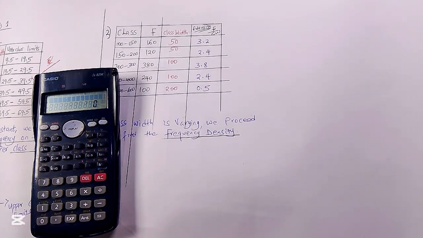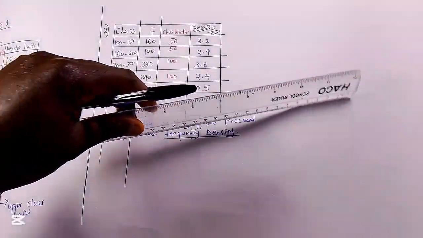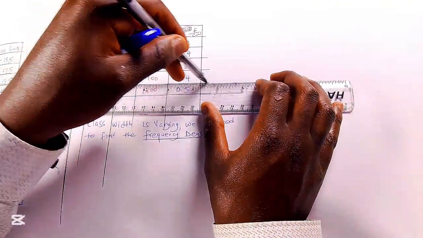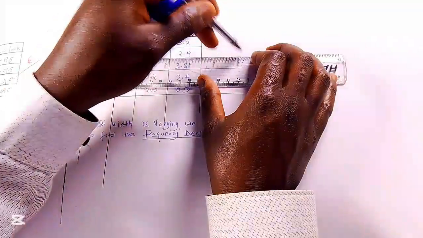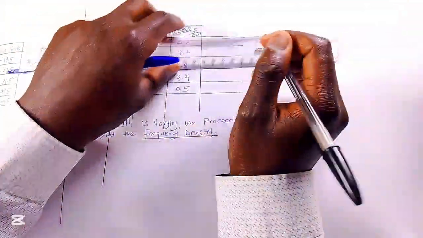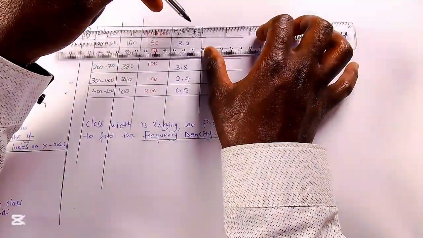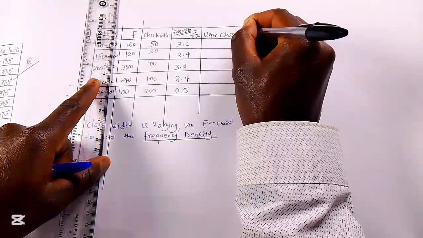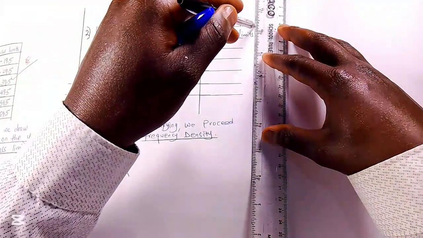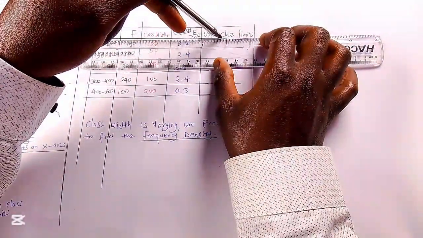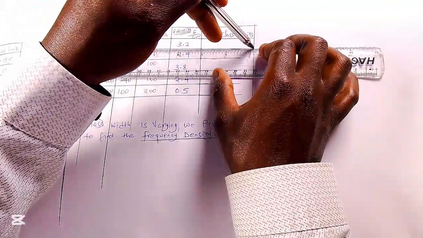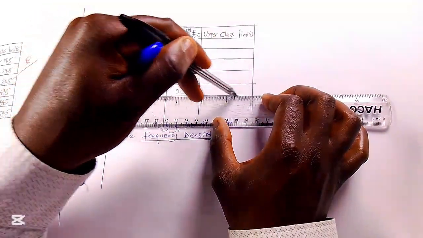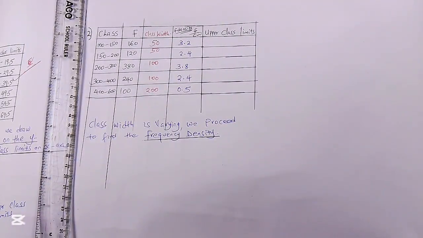Then we will now proceed to determine the upper class limits.